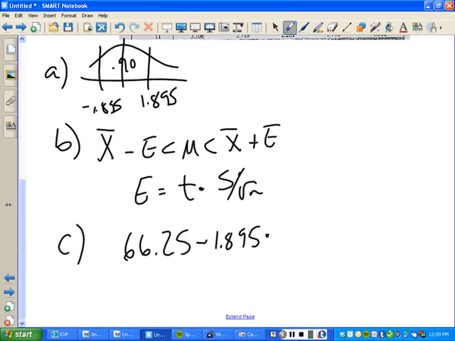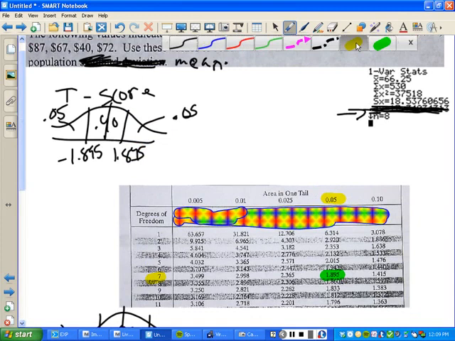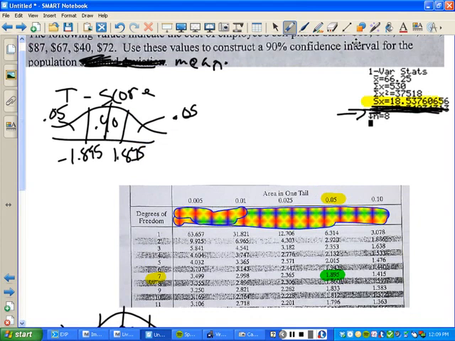What was S? 18.54. Can we agree on that? 18.54. We get it off the sheet right here. This is S. Calculator told us what it was. We didn't know sigma. Okay, we didn't know sigma. All right. So we know S is 18.54.